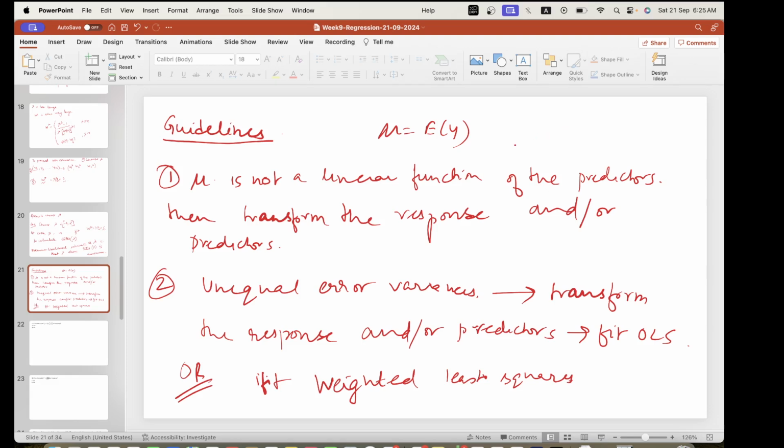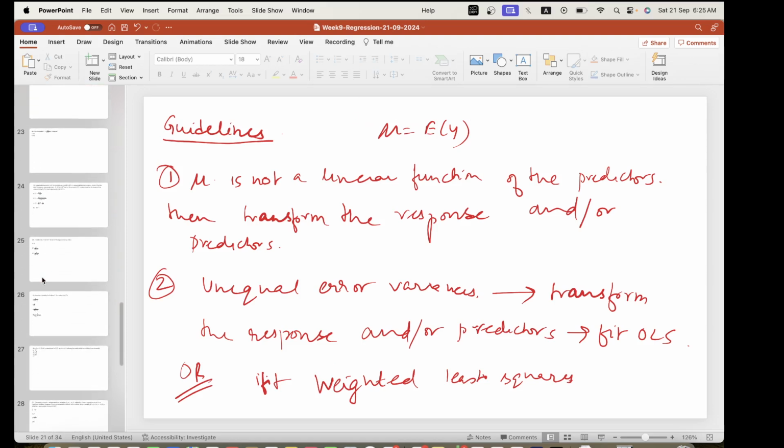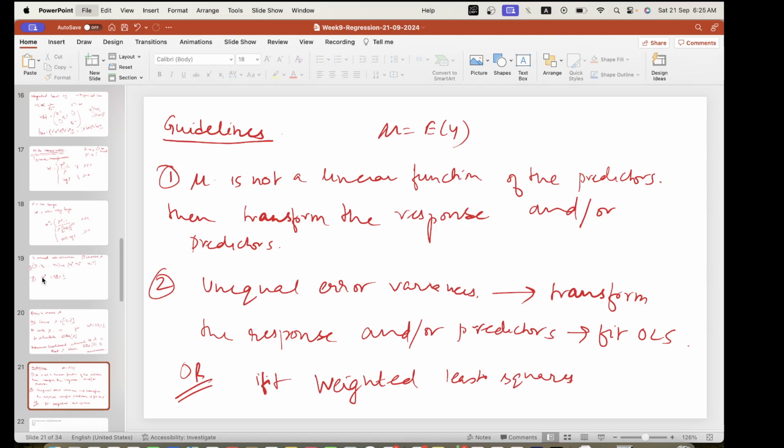Okay, it may help with nonlinearity, but if we find nonlinearity in the residual plot, then we could go ahead and make some transformations on the predictors as well. Okay, so with that, let us try to solve a few problems based on today's class.